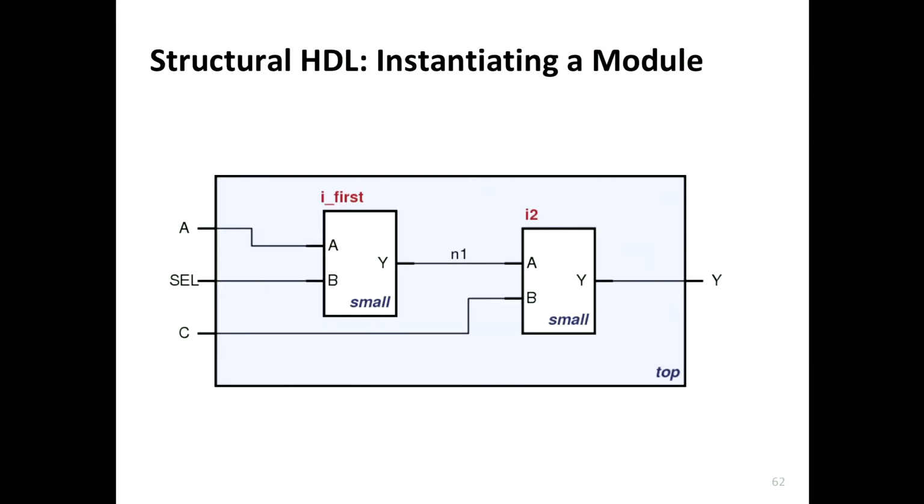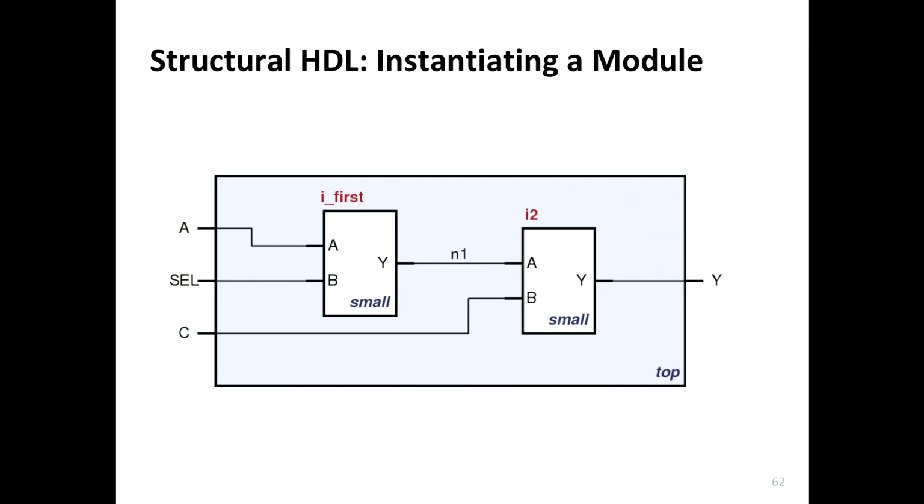So what is structural? Let's take this simple example. In this example, you have 3 blocks. One is called the top. Let's say 3 modules. So it's like top, small, and small. Small and top are the 2 modules.